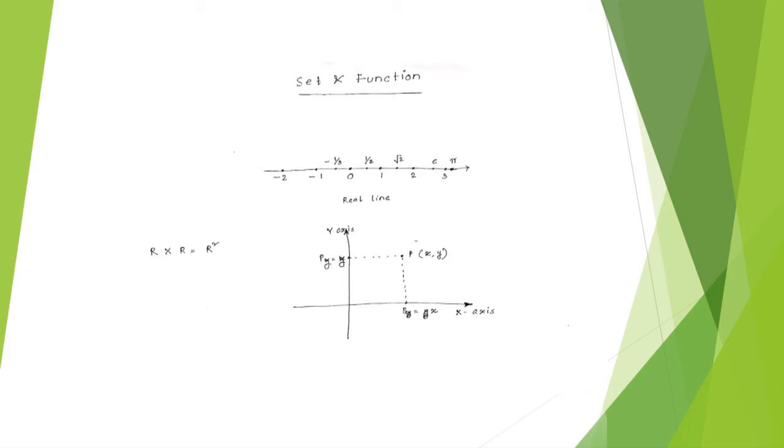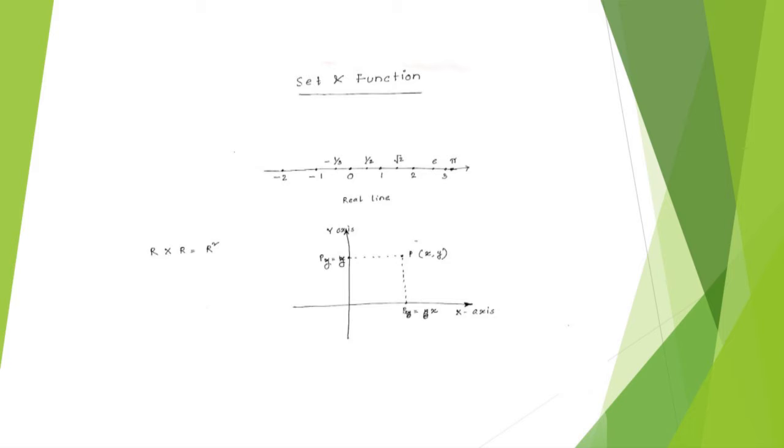Now how to associate a coordinate with that point capital P? This is our task. We project P perpendicularly onto points Px and Py on the axes. So we project the point P perpendicularly on the axes.